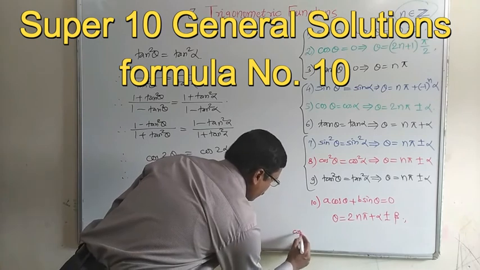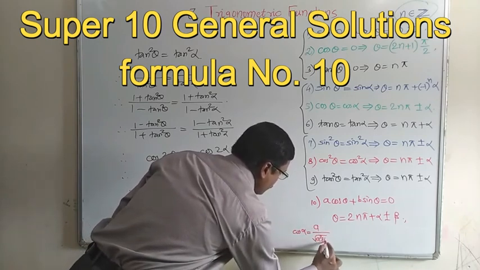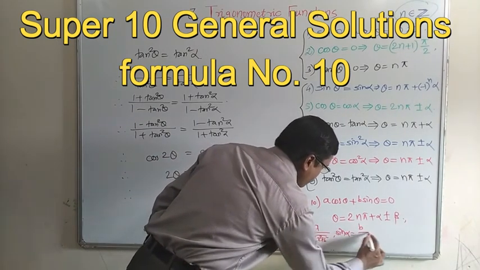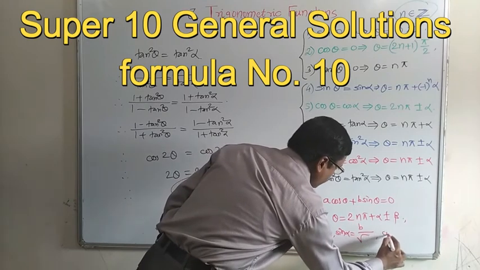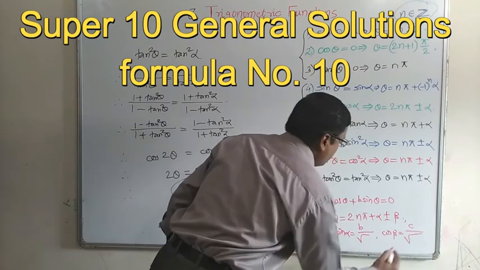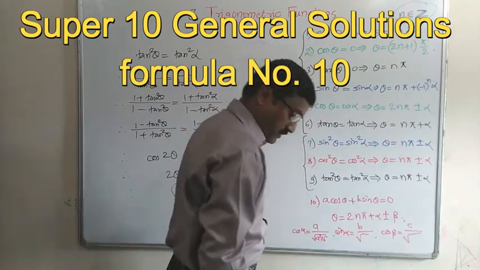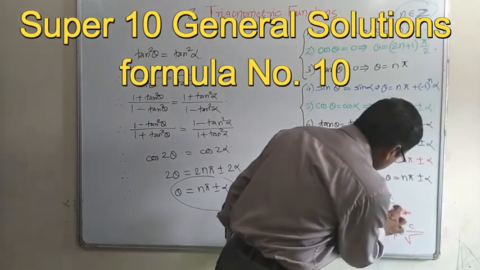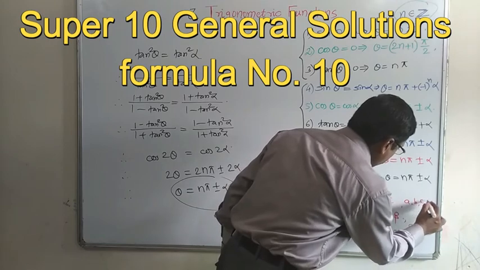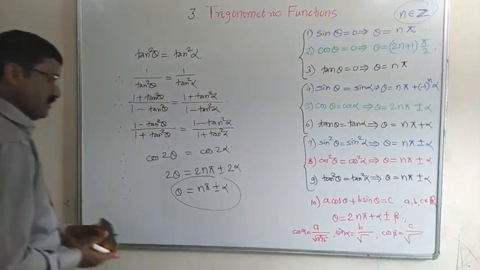So here cos alpha is equal to a upon root a square plus b square, sin alpha is equal to b upon the same root, and cos beta is equal to c upon the same root, where a, b, c are real numbers.